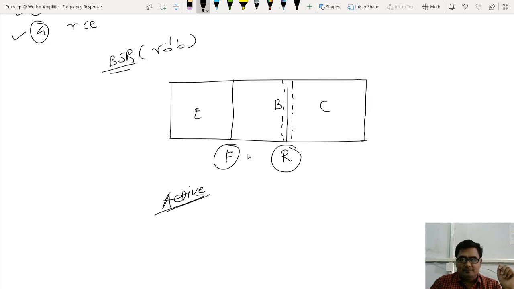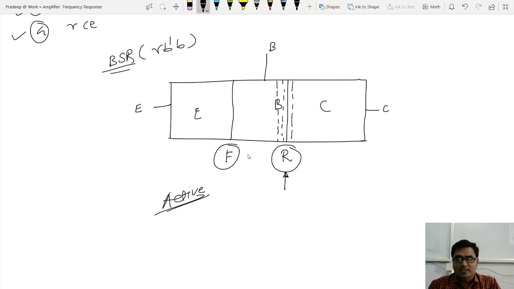Somewhere here I have a base terminal. Look at this. This is terminal of the base, this is terminal of the collector, and this is terminal at the emitter. Now what happens if you increase reverse bias on this junction? Then this width increases. This width will become now that much.